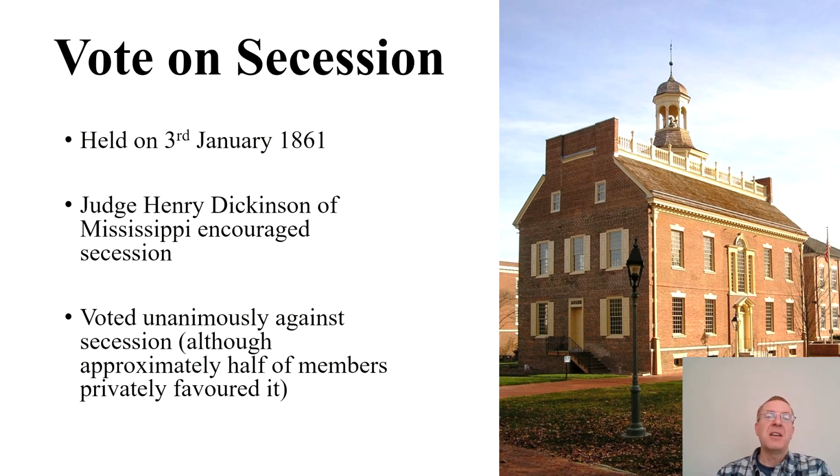And Judge Henry Dickinson is telling the state's General Assembly that it is in their interest to secede. Now, the General Assembly did listen to him, but they did not act on his recommendations. And in fact, they voted unanimously to remain in the Union for now.